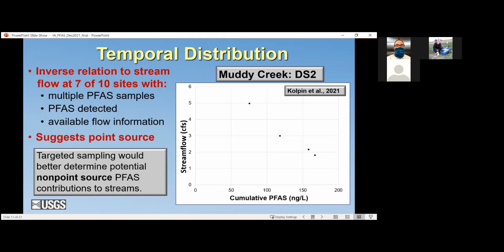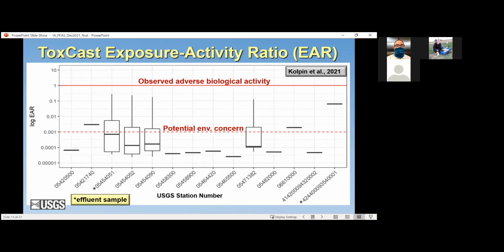You need rainfall to pick up contaminants off the land surface and carry them into the stream. But unfortunately, this kind of convenient sampling really wasn't set up to understand non-point source contribution. I'll talk about this later, but I really feel we need more targeted sampling to better determine potential non-point source contributions to streams.